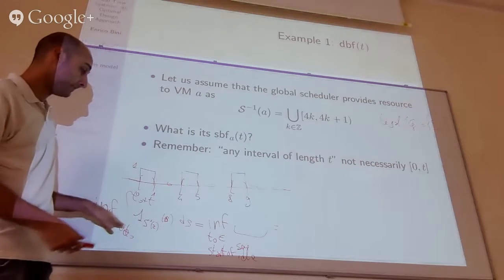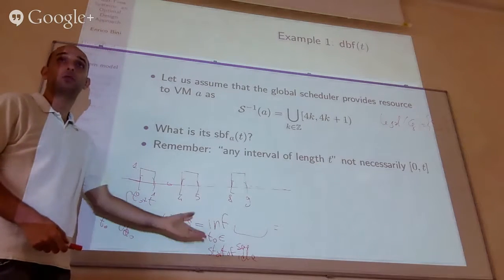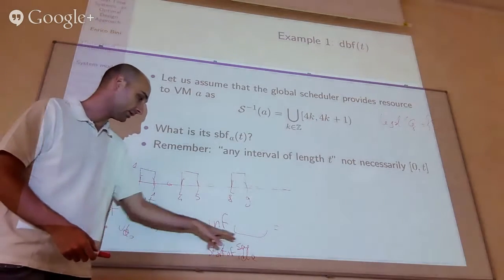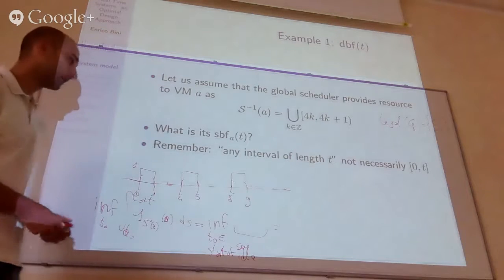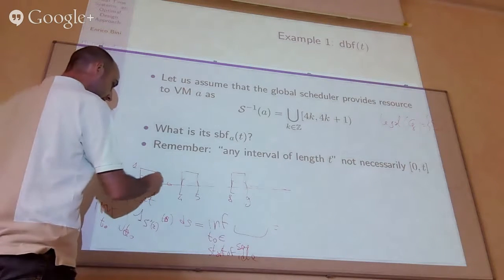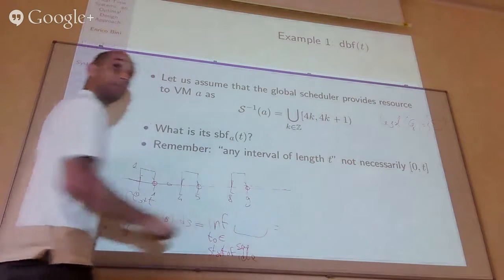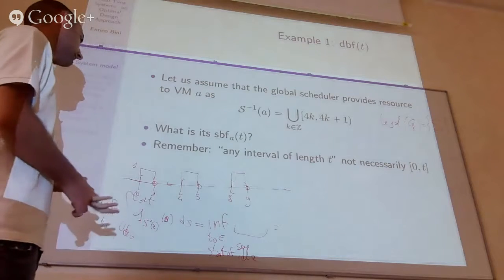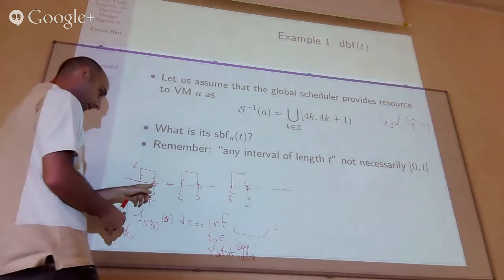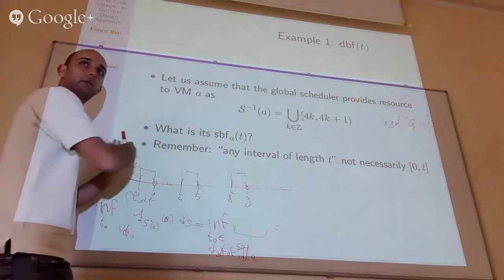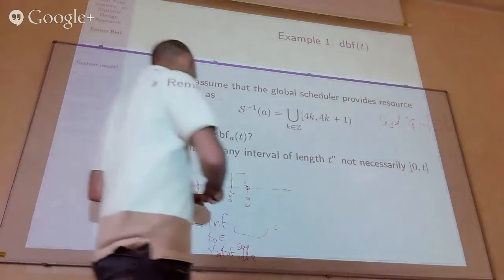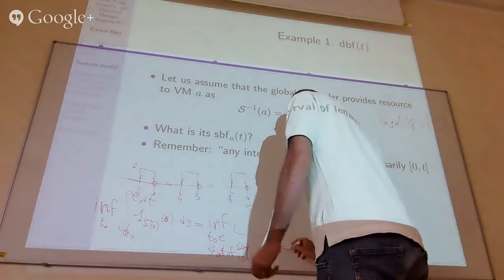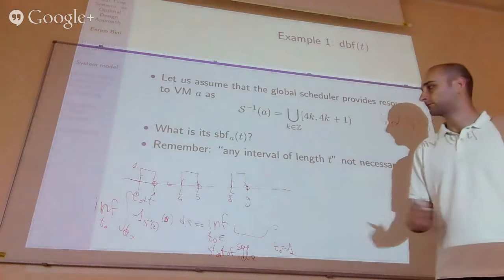So the infimum certainly occurs when T0 is the start of some idle interval. And because of periodicity, considering T0 here or here is just the same because the scheme repeats forever.